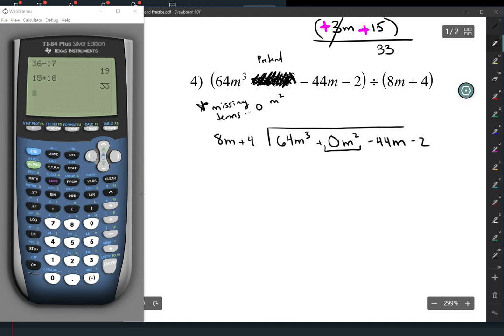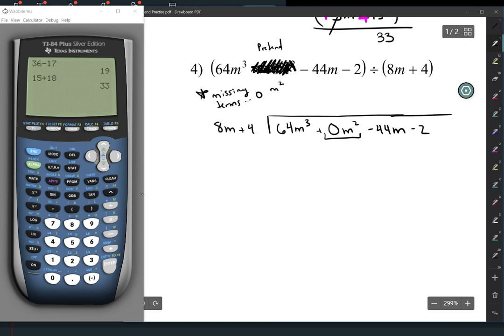Now this might throw off our answer a little bit, but that's okay. We'll just roll with it. So don't forget to put in fillings, and we'll see what happens. To get to 64 from 8, I need 8m squared. 8m squared is going to be 64m to the third.